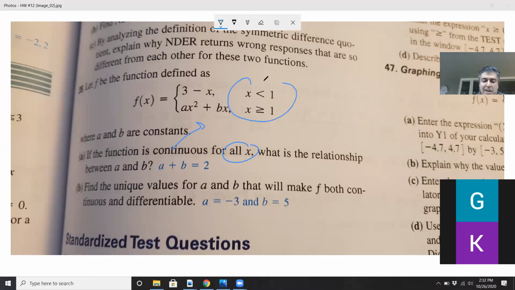It's not going to have a problem anywhere else because 3 minus x is linear in nature. That's going to be continuous everywhere as long as you have a domain of all real numbers for it. The second part's quadratic. That's going to be fine, but it's the piecewise nature that makes this an issue, and that issue with continuity or differentiation could happen at x equals 1.